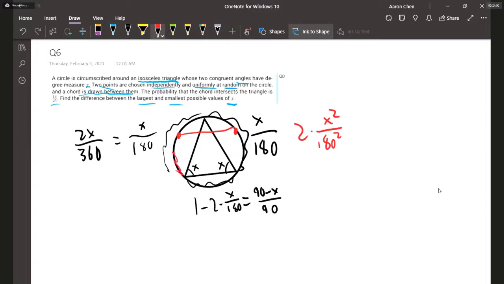And the probability that the chord has 1 point in this arc and 1 point in this arc is x over 180 times 2 times (90 minus x) over 90. And the same is true for a chord whose endpoints are in this arc and this arc, so we multiply this by 2. And now we have that this is equal to 14 over 25.